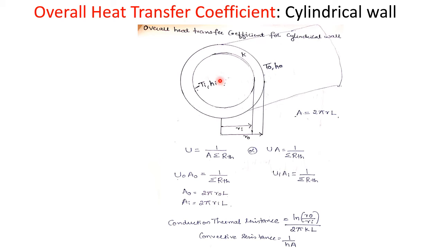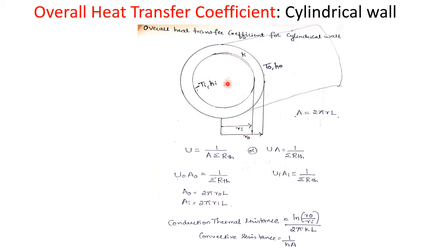Now coming to this sketch, it is clear from this figure that here also we'll assume that temperature Ti is greater than temperature T0. That means hot fluid is on the inside, and outside the surface cold fluid is there.